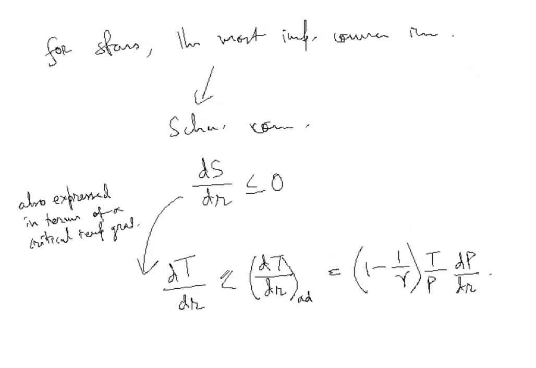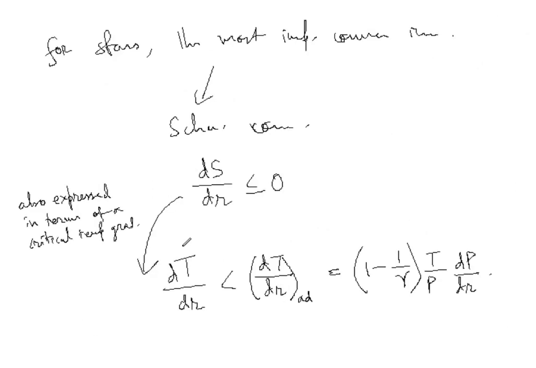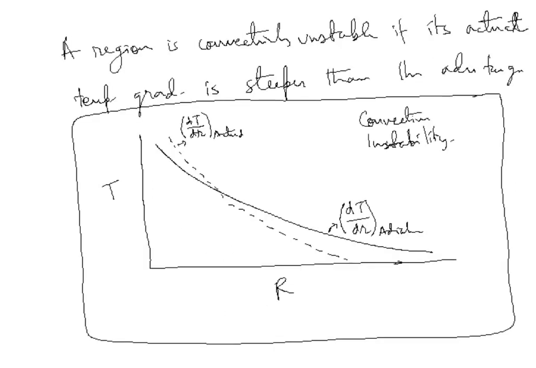Okay, so let me show this derivation to you before I conclude today's lecture. For this alternative version, a different version of the Schwarzschild condition, we will assume a blob in a surrounding medium.